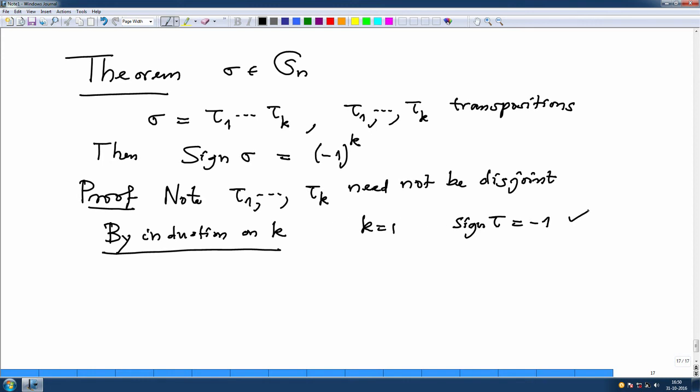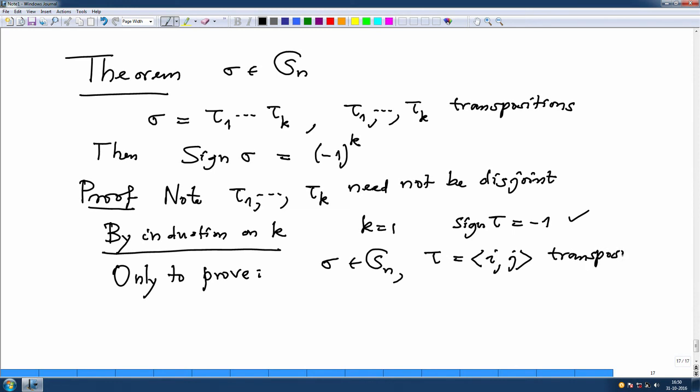So, induction starts. Therefore, to simplify the notation, I only have to prove that if I have an arbitrary permutation sigma and one transposition tau, which maps i to j and j to i, then the sign of sigma tau or tau sigma equals minus the sign of sigma. One at a time I will remove.